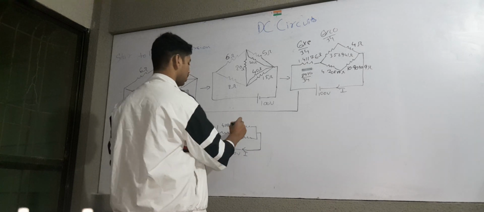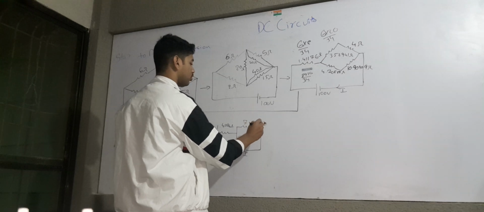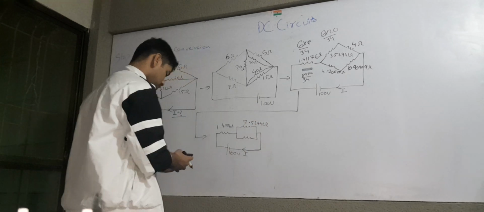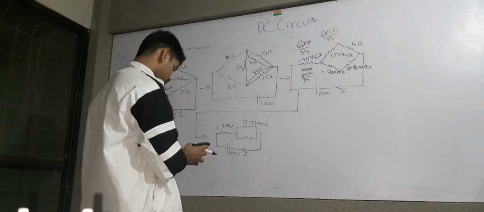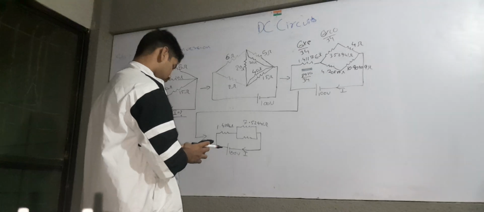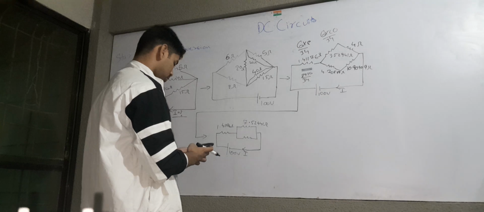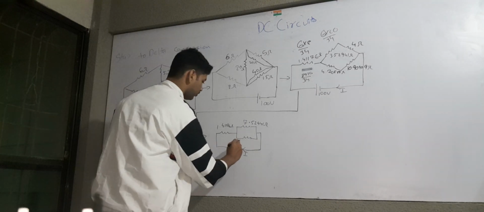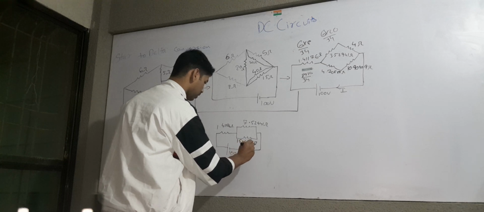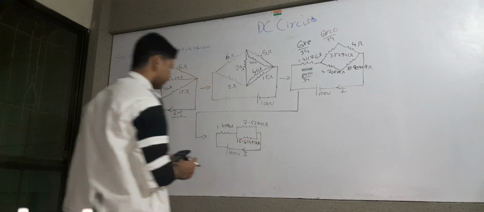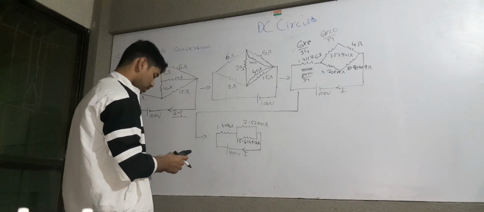This is 7.52941 ohms, and this right here is 10.90909 plus 4.70588. That would be 15.61497 ohms.